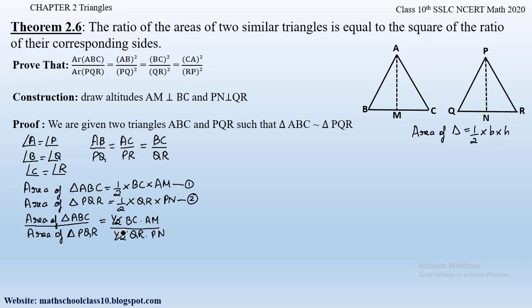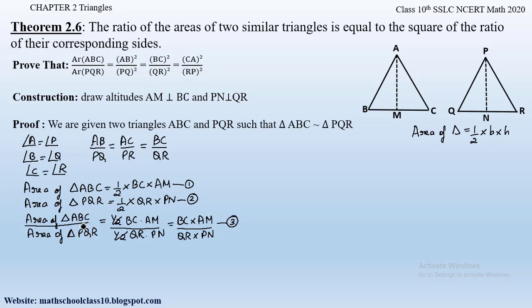So this half and half will get cancelled and we will be just left with BC into AM divided by QR into PN. Let this be equation number 3.